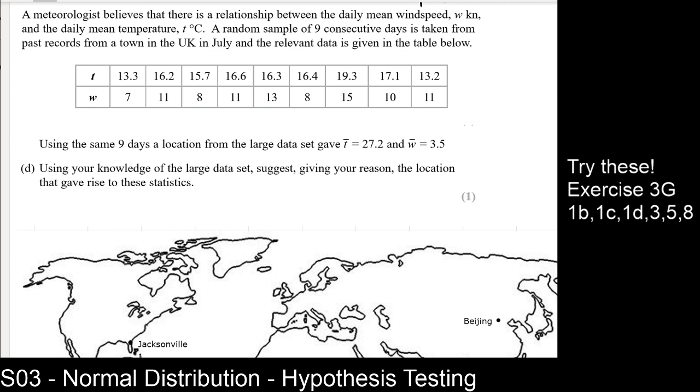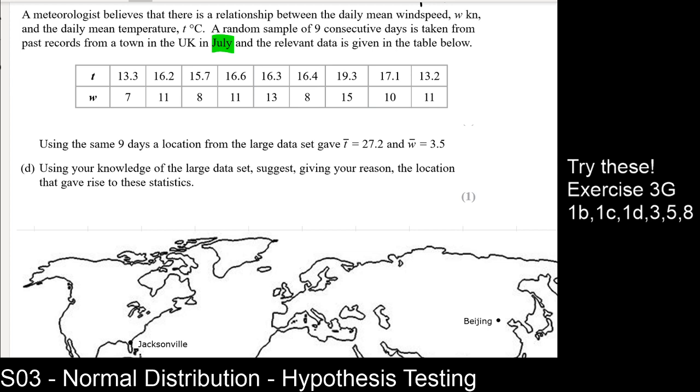Firstly, we note that it's in July. We've got a mean temperature of 27.2 and the mean wind speed is 3.5. So what this suggests is we've got quite a warm temperature but quite a low wind speed.